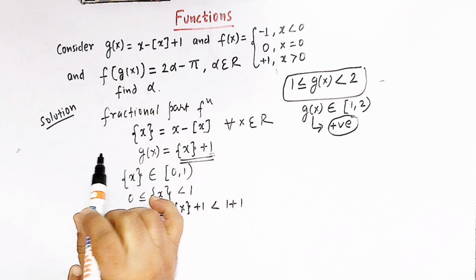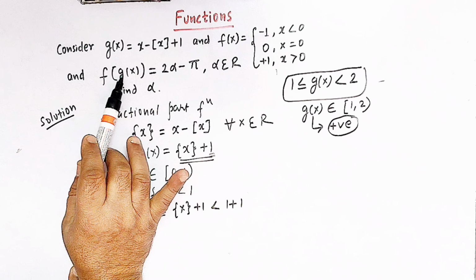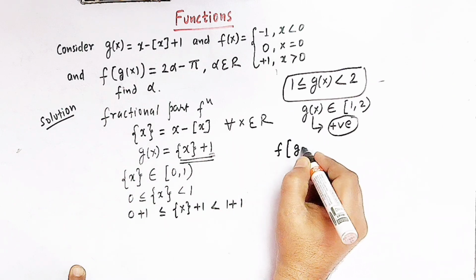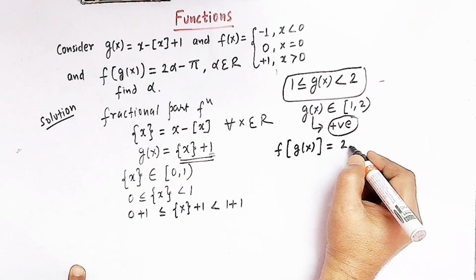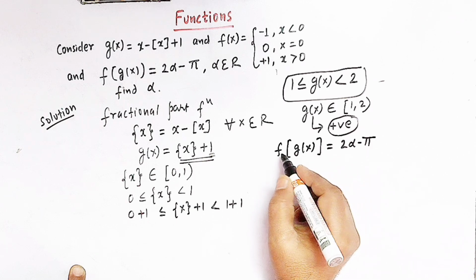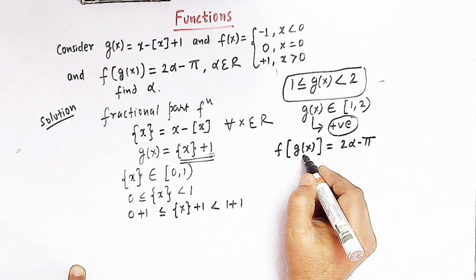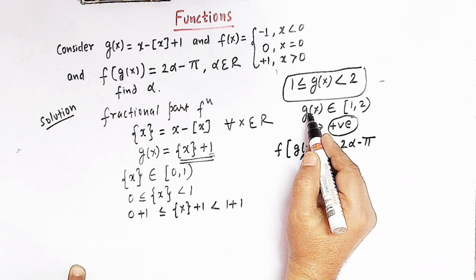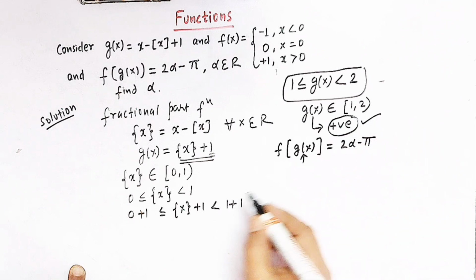Now let us come to the composition of f and g. Here we are given f of g of x is equal to 2 alpha minus pi. See here, we have f of g of x, that is the input is g of x, and we have just shown that g of x is a positive quantity.